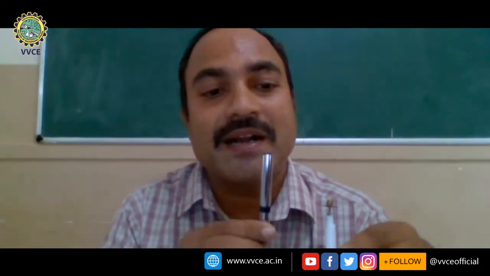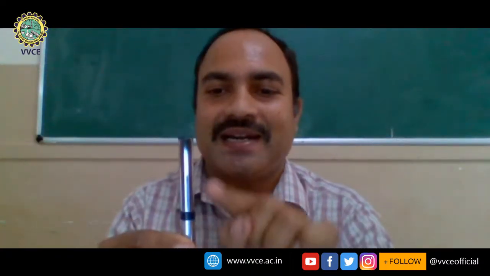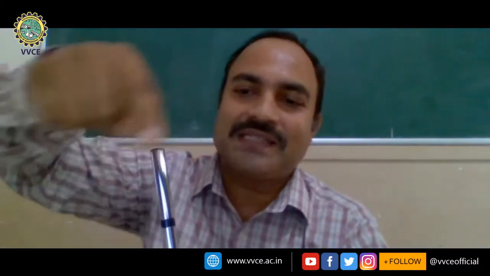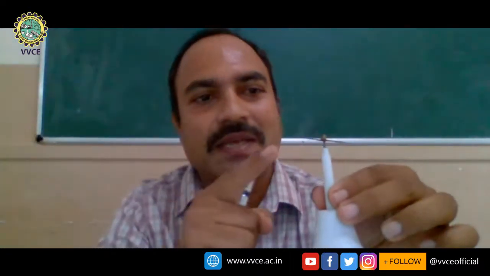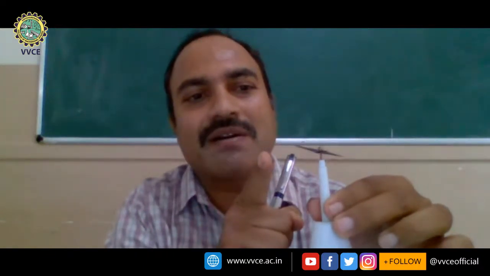Deflection of the magnetic compass needle is related to the science of magnetism, right? So what is happening is, when he passes current through a conductor, this produces a magnetic field. This magnetic field interacts with the magnetic field of the compass needle. That's why the compass needle got deflected, right?